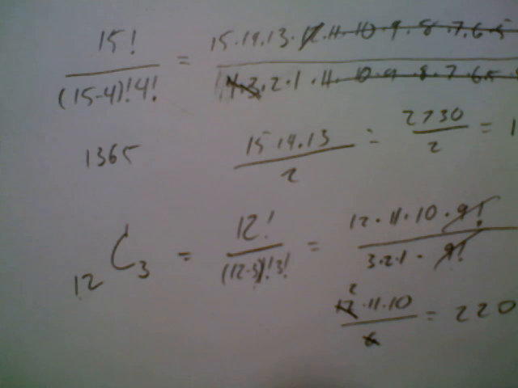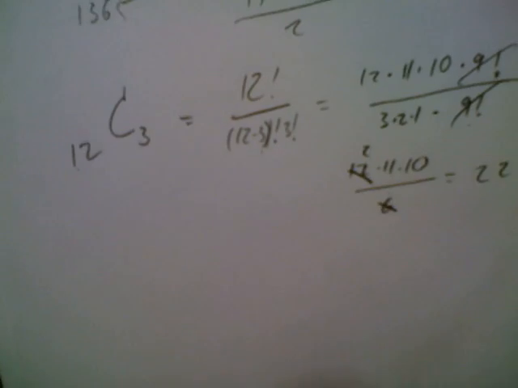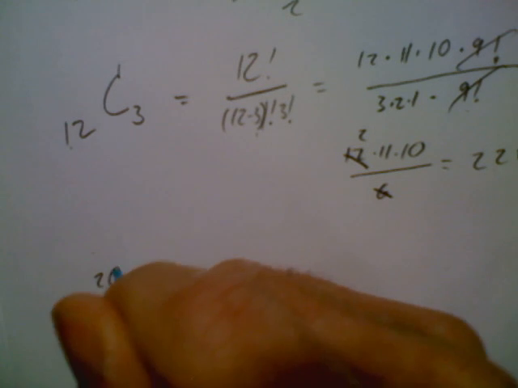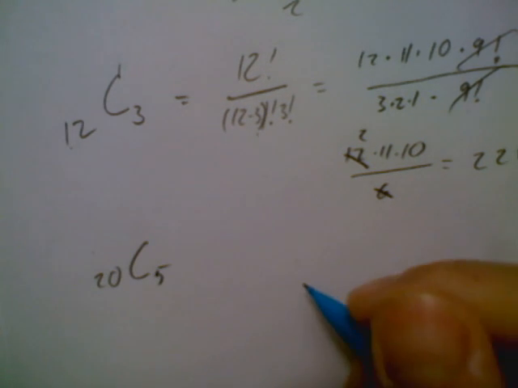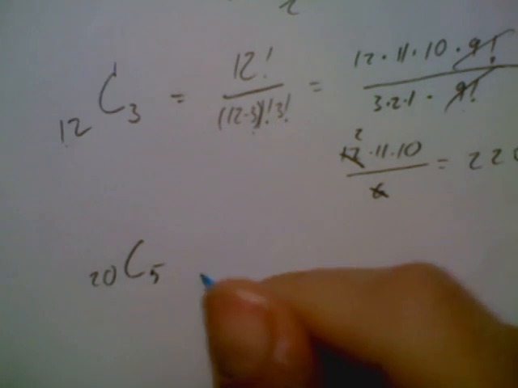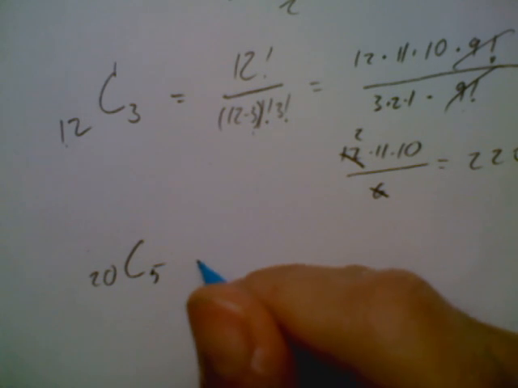If we have another one where we're going to do, let's say, 20C5, we have 20 choices. We're going to choose 5 of them.